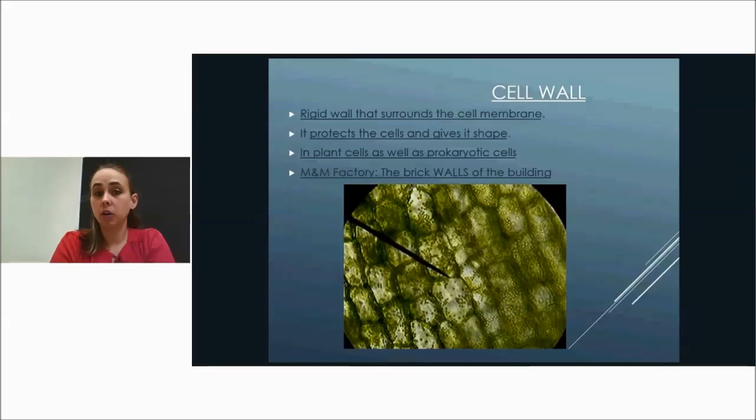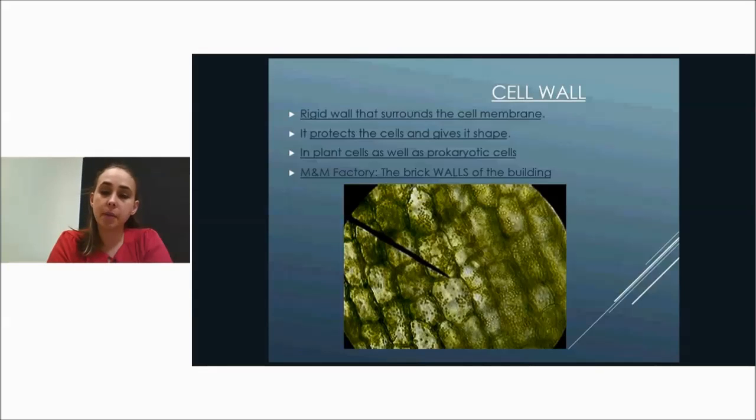The cell wall is a rigid wall that surrounds the cell membrane, and it protects the cell and gives it shape. It's in plant cells and prokaryotic cells. It would also be in fungus cells and in some protists, but animal cells absolutely do not have a cell wall. The cell wall in plants is made up of cellulose.